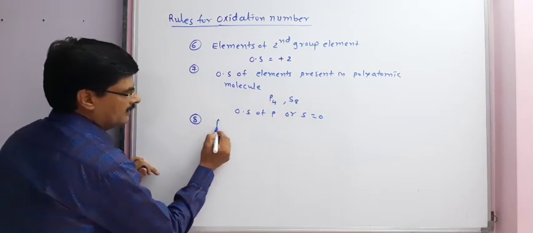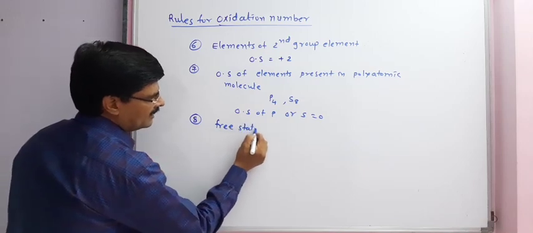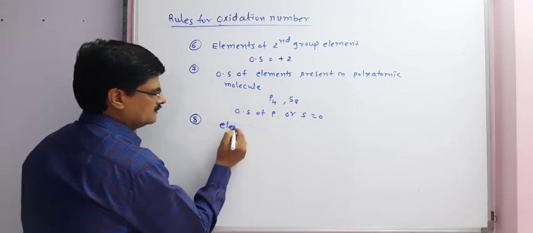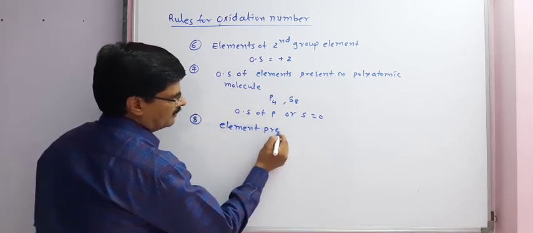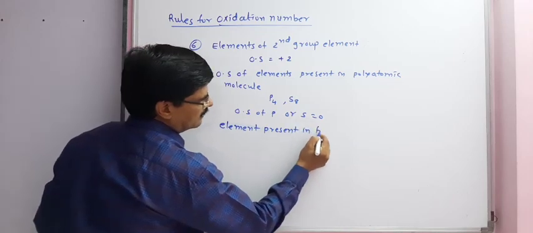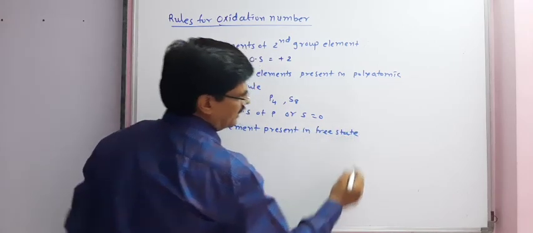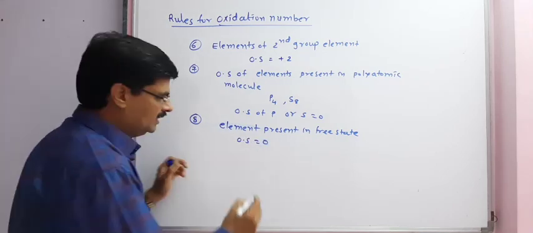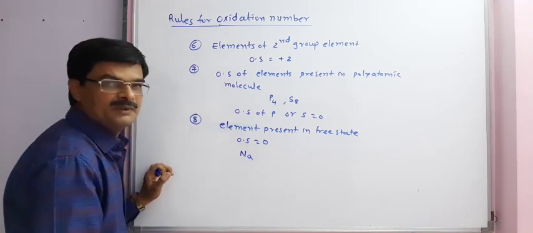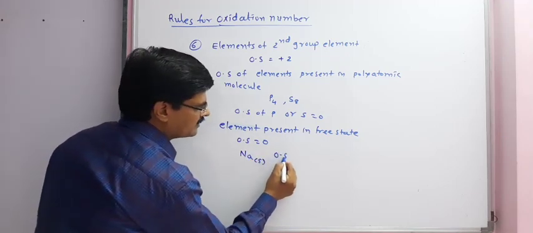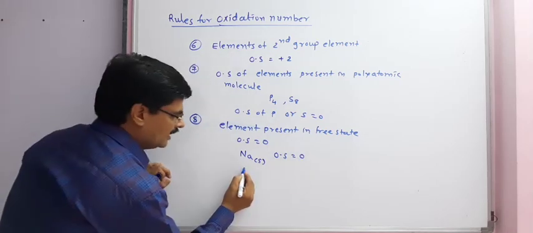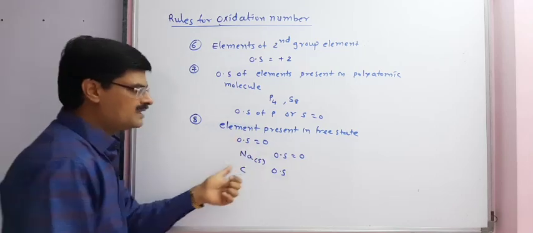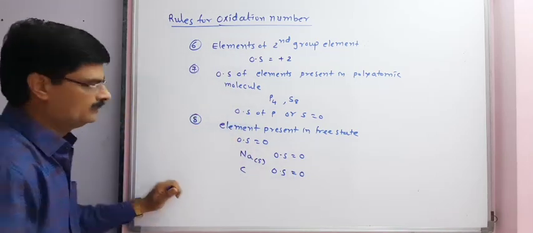Same way, if an element is present in the free state, even then the oxidation state will be 0. For example, Na in the free state has oxidation state equal to 0. Like carbon, in its standard form or free state, the oxidation state is equal to 0.